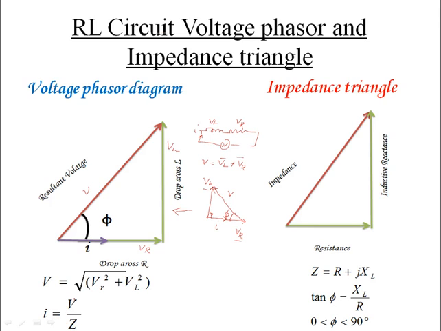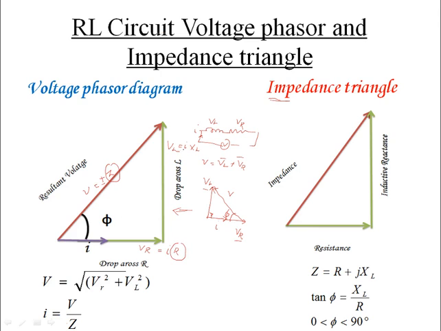Also I equals total voltage by Z. From these equations I am going to obtain another important section, known as the impedance triangle. So what is VR? I can write I into R. What is VL? I can write I into XL, the inductive reactance. And what is V? I can write I into Z.